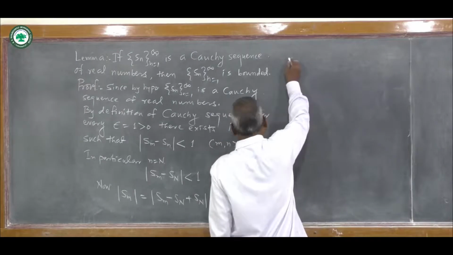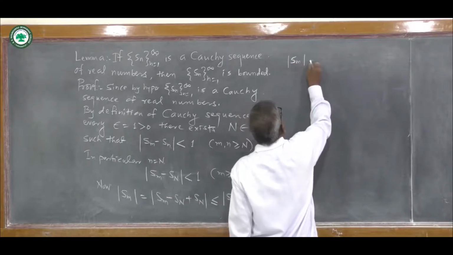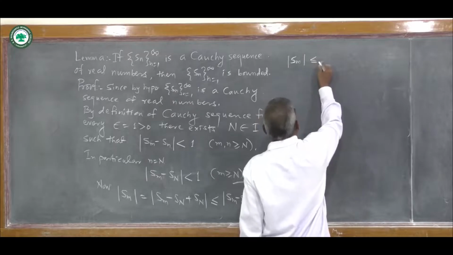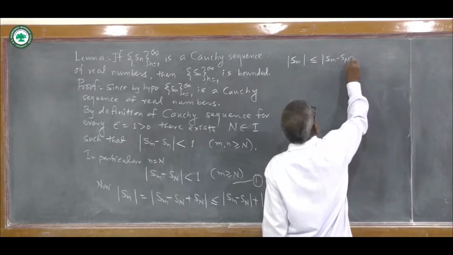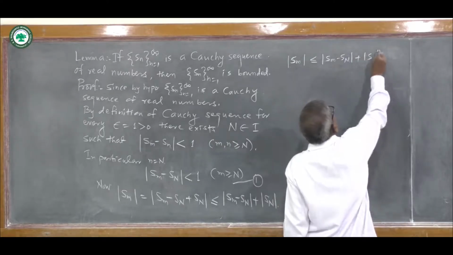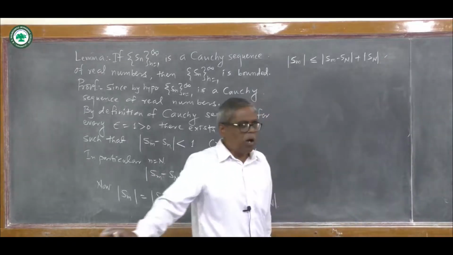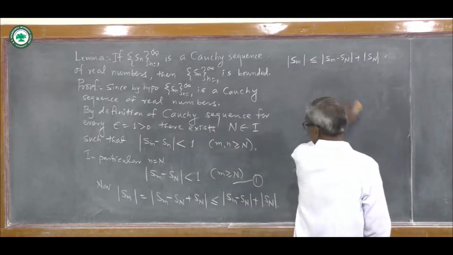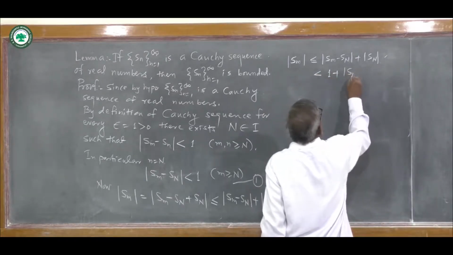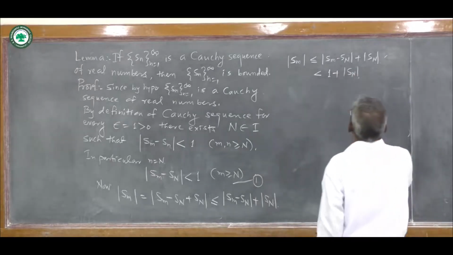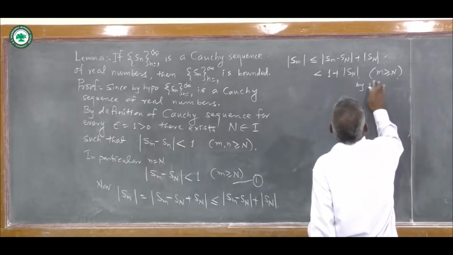Therefore, mod S suffix M is less than 1 plus mod of Sn, for all small m greater than or equal to capital N by 1.